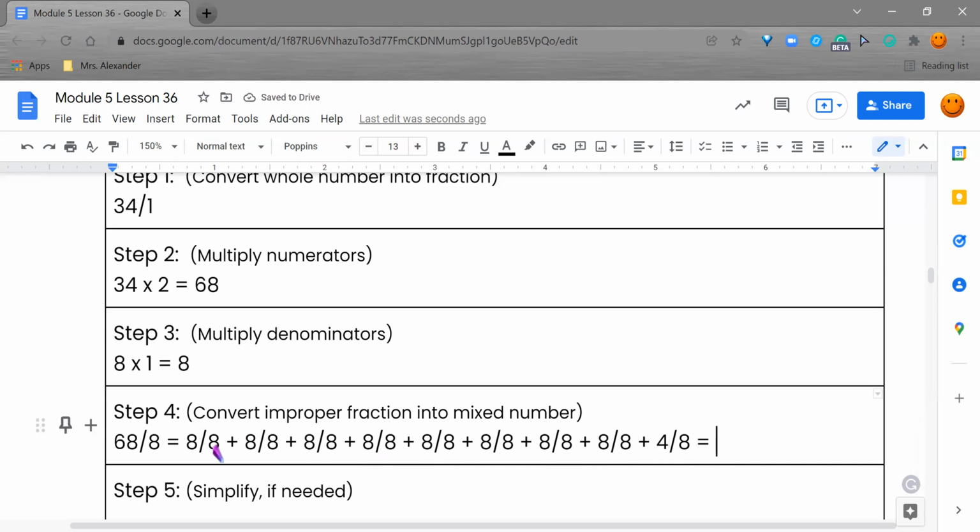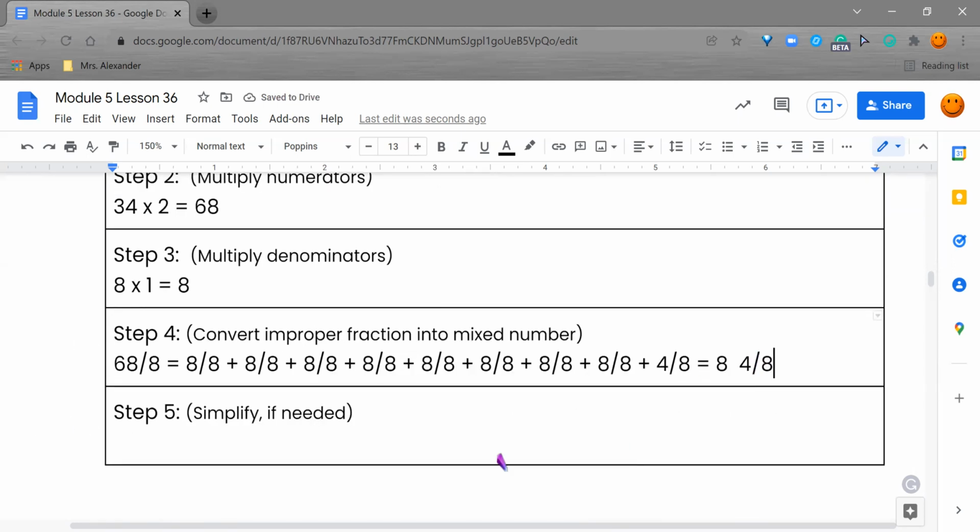So now I count 1, 2, 3, 4, 5, 6, 7, 8. We have 8 and 4 eighths. Knowing that 4 eighths is even, I know I need to simplify it. Again, there are 2 different ways you can do it. You can see that 4 can be pulled out of both, which gives you 1/2, because 4 into 4 goes once and 4 goes into 8 twice.